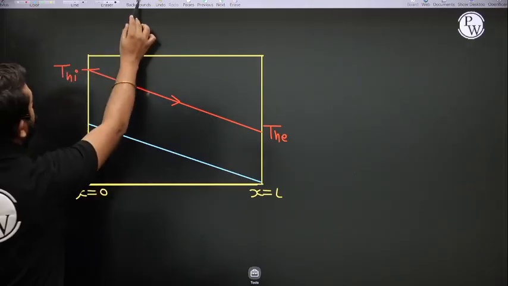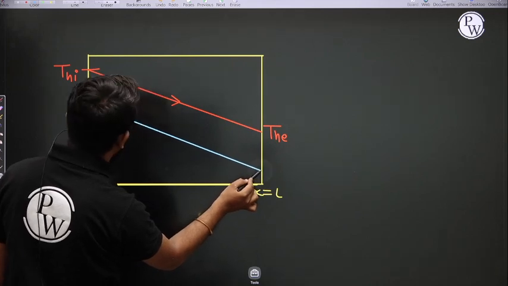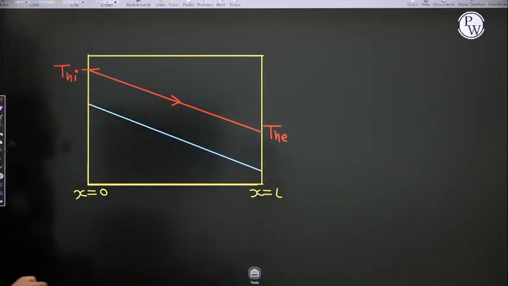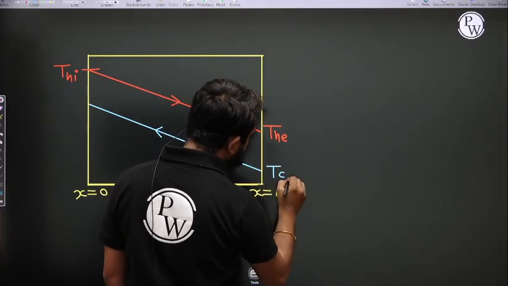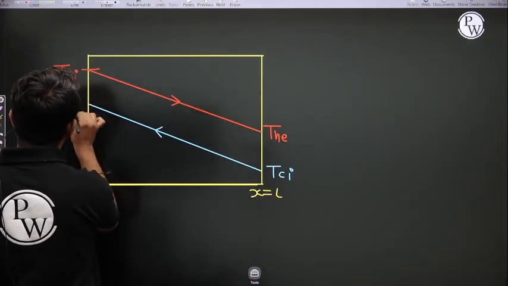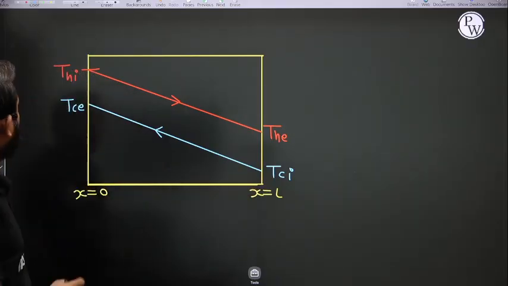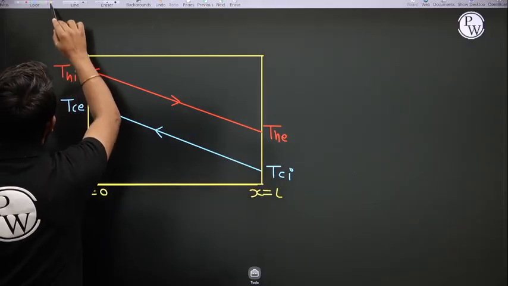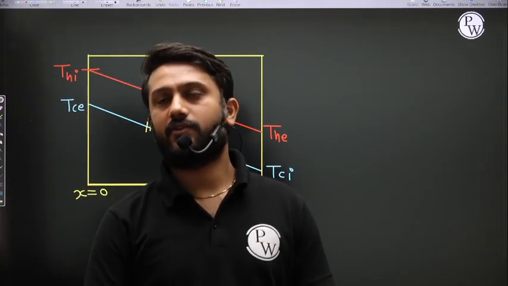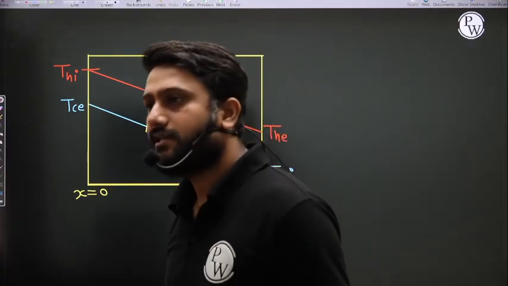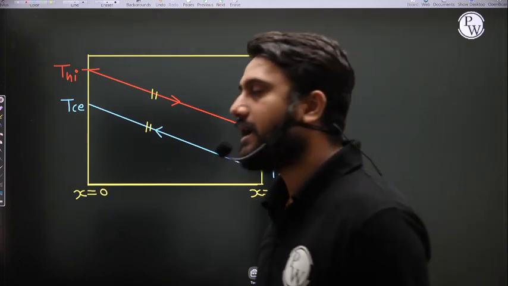Parallel to each other and straight line. So this is TCI and this is TCE. So these two lines are parallel to each other and straight lines. So this is the temperature profile for the balanced type of heat exchanger. Balanced type of heat exchanger is a counter flow heat exchanger with equal heat capacity rate.